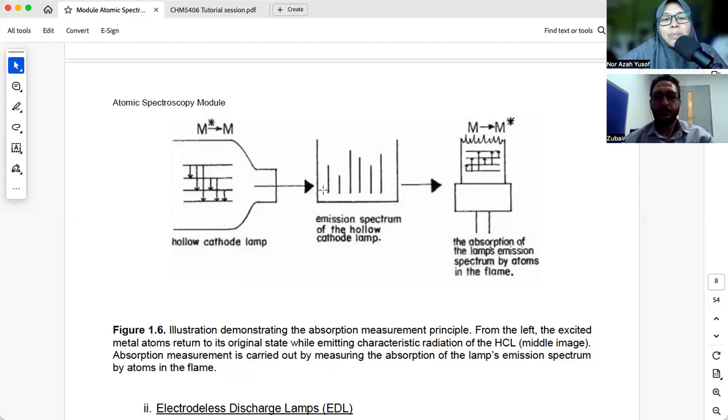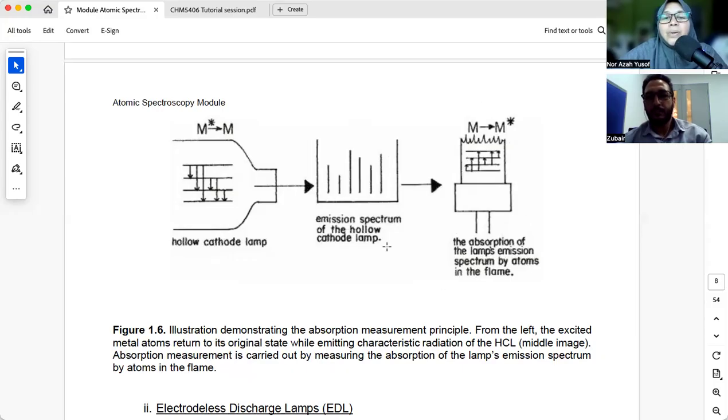So this is what we're talking about. The hollow cathode lamp provides specific energy, and this will give out a specific atomic emission spectrum based on the configuration of electrons involved in the metal. And this is the one that is being absorbed.